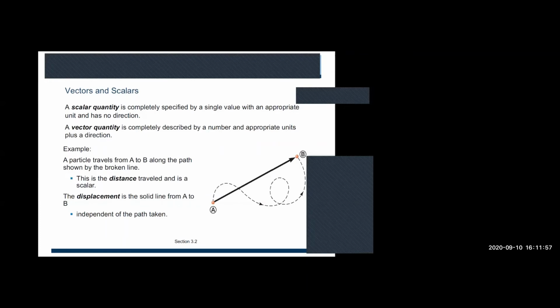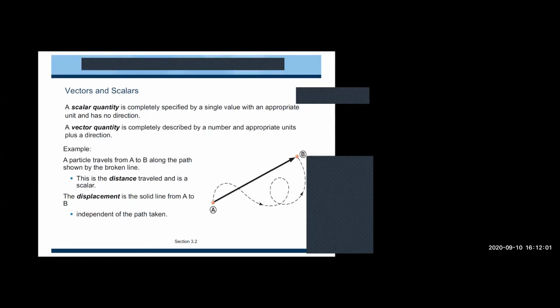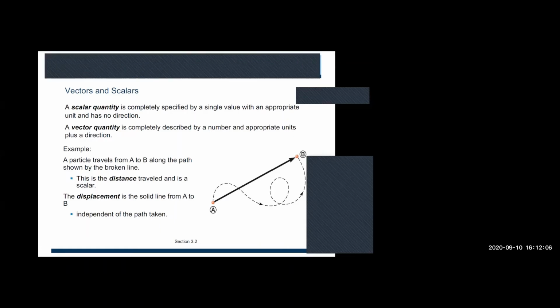So a very brief review on the vector quantity is that it is something that is described both by a number and a direction. So two vectors are the same only when they have the same size as well as the same direction. If the direction changes, the two vectors are not the same.